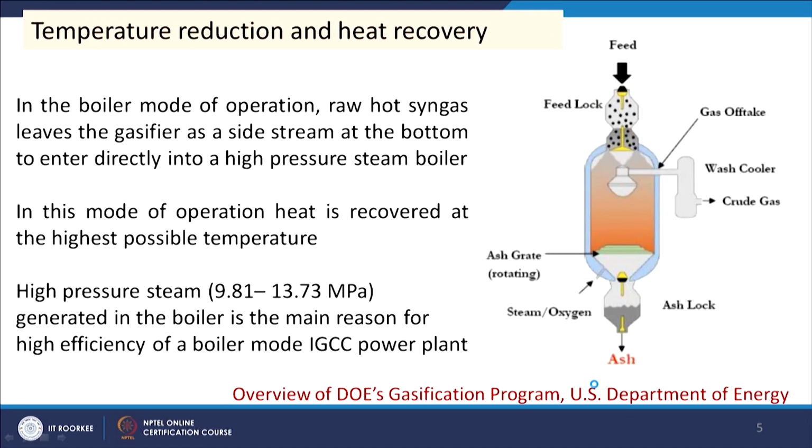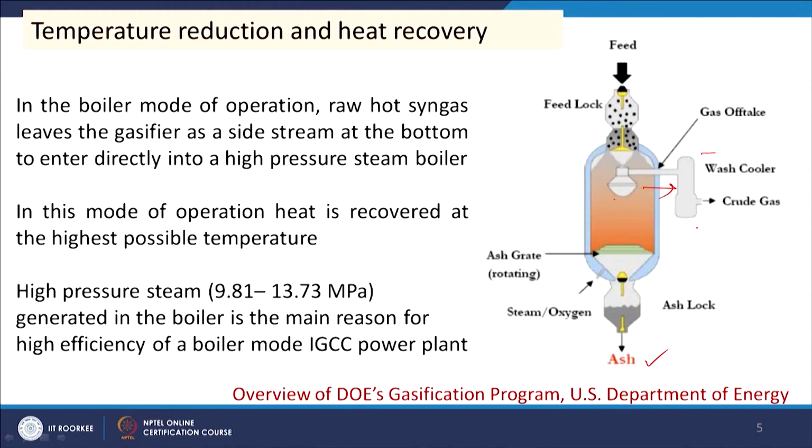Now, in the case of boiler mode, the syngas is produced here, it goes out from the side and ash comes out at the bottom. There is no direct quenching; it is sent to a boiler for heat recovery and exchange of heat. As a result, the syngas temperature reduces. This process gives us some advantage. We can get higher temperature and higher pressure steam with respect to the quench mode.